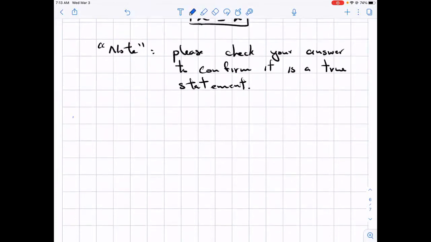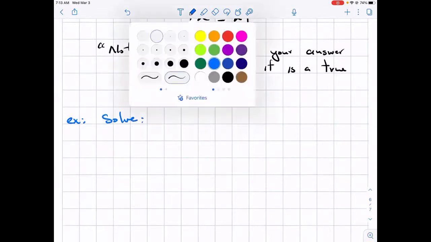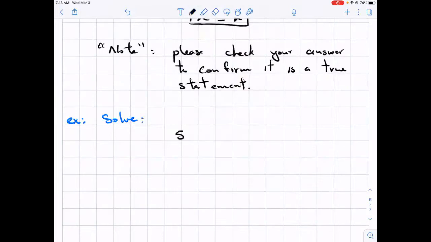If we look at another example, solve 5x plus 4 is equal to 3x minus 8.